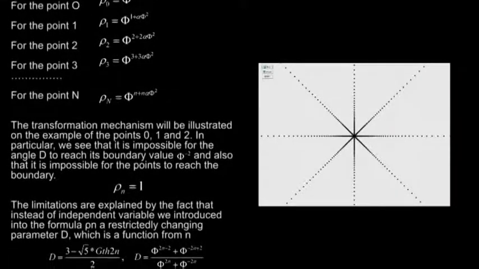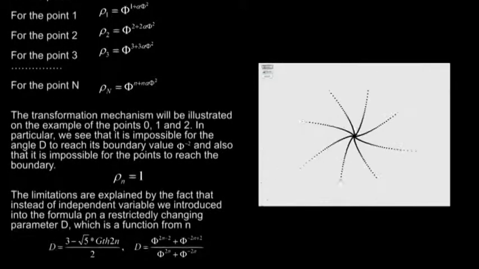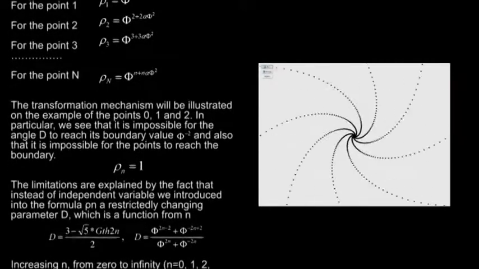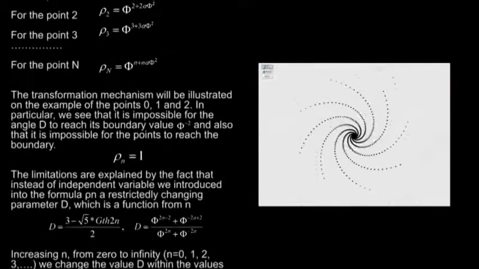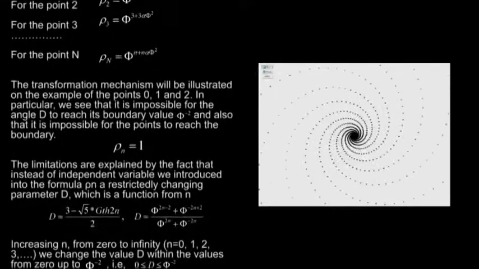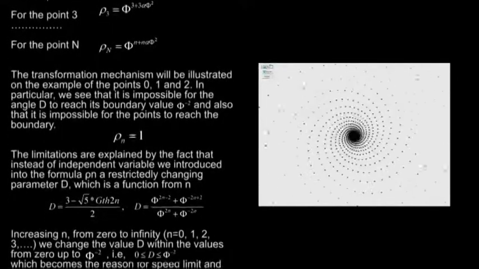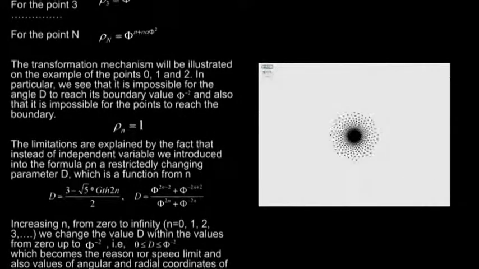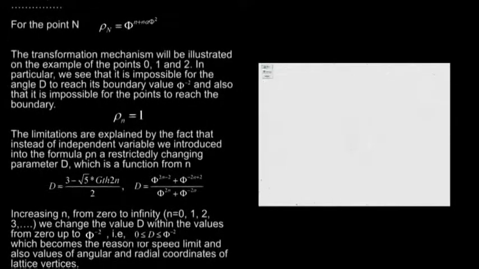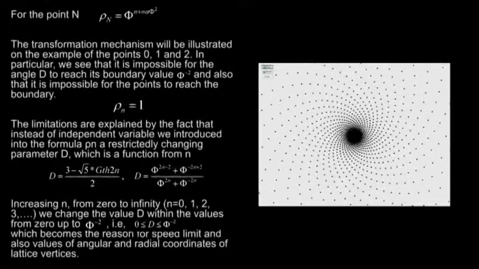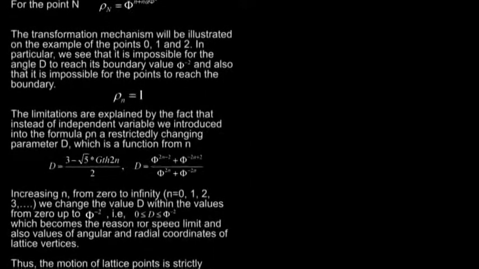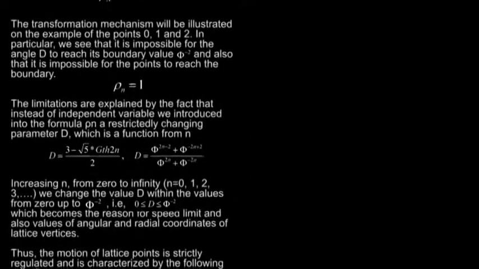Thus, the trajectory formulae are the following. The transformation mechanism will be illustrated on the example of the points O, 1, and 2. In particular, we see that it is impossible for the angle d to reach its boundary value, and also that it is impossible for the points to reach the boundary equal to 1.